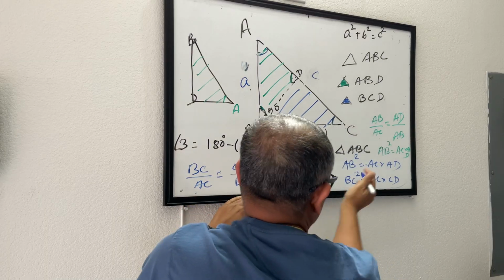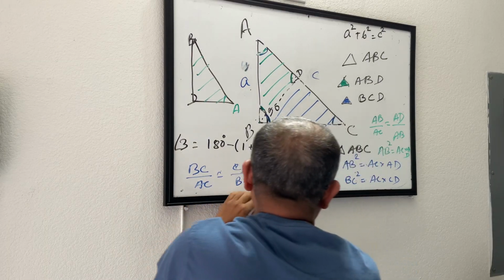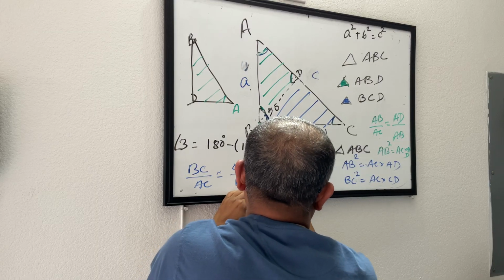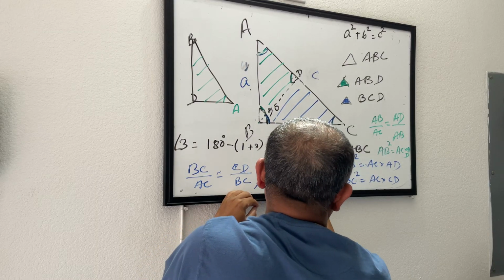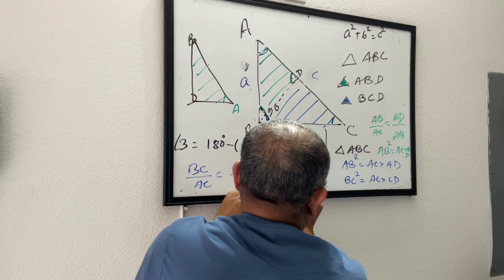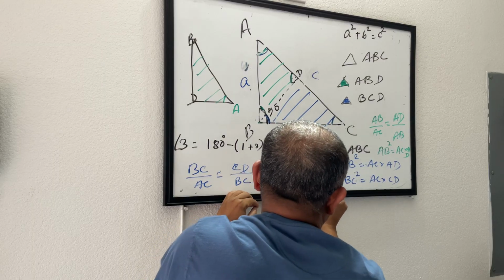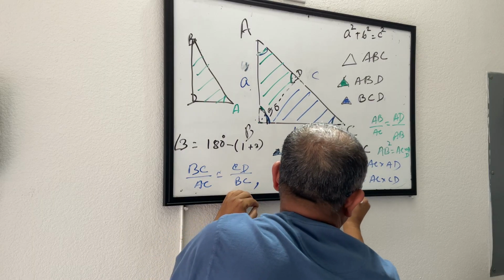So from this, if you add these two together, we get AB square plus BC square equals AC into AD plus AC into CD.